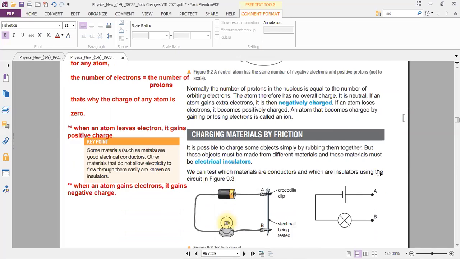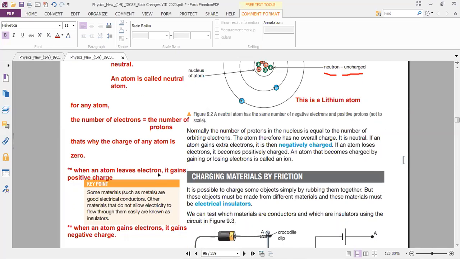When an atom gives or leaves electrons to someone, donates electrons, it gains positive charge. Generally, metals donate electrons and become positive ions. So they gain positive charge and become positive ions.